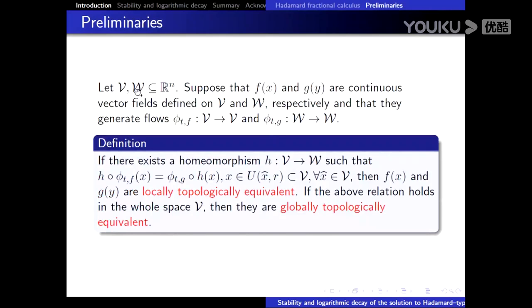Now suppose V and W are subsets of R^n, and that F(x) and G(y) are continuous vector fields defined on V and W respectively, and that they generate flows phi_t^F from V to V and phi_t^G from W to W. If there is a homeomorphism H from V to W such that H phi_t^F equals phi_t^G H for x in this region, then F and G are locally topologically equivalent.